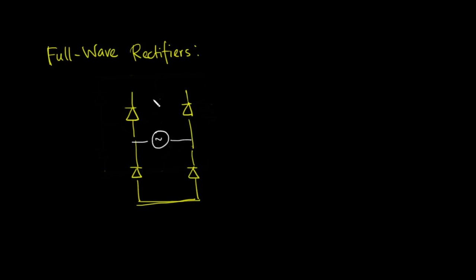We have 4 diodes here and here and here and here. Then we have a voltage source in the bridge. This is our voltage source, and the rest of the circuit is as before. We have a load resistance at the output.